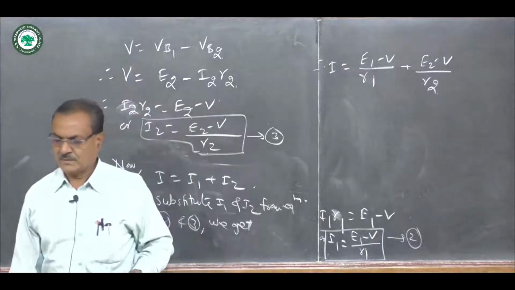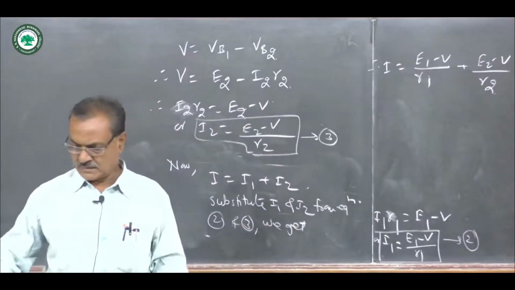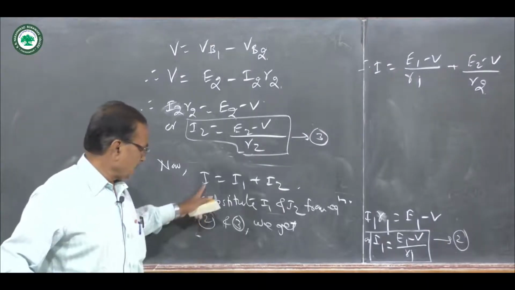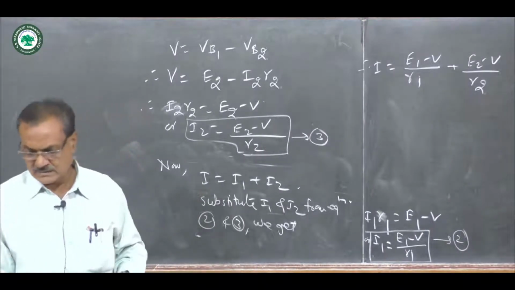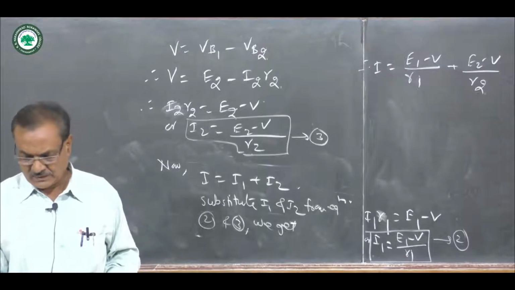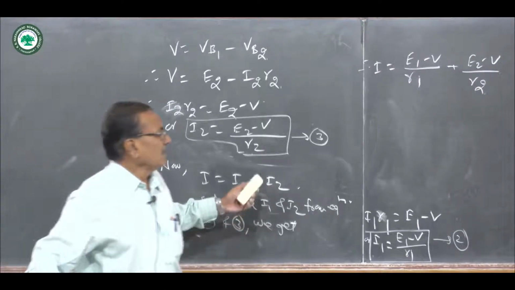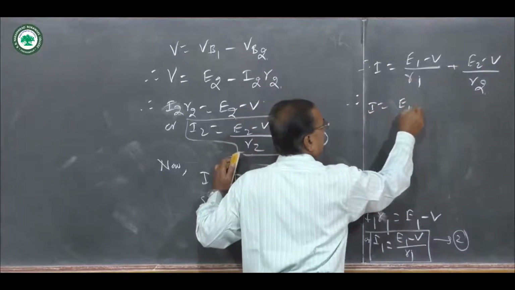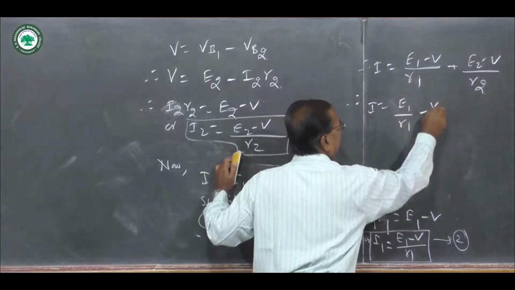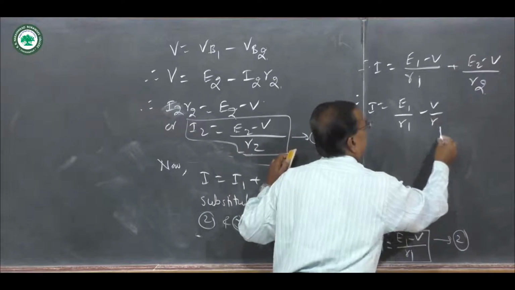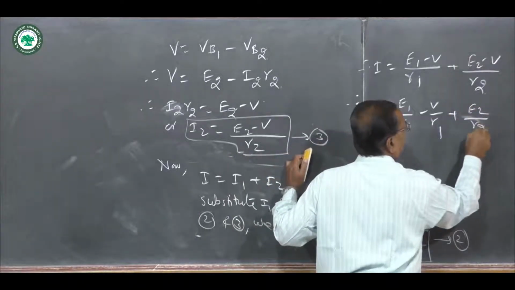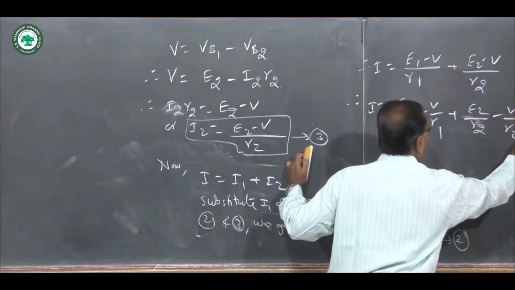So in this way we put the values of I1 and I2 in the equation I equals I1 plus I2. Now splitting it up, I equals E1 upon R1 minus V upon R1 plus E2 upon R2 minus V upon R2.